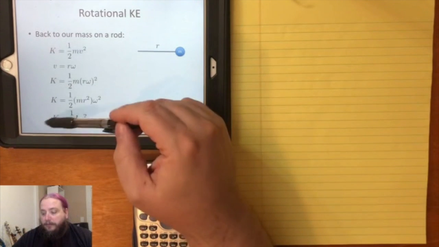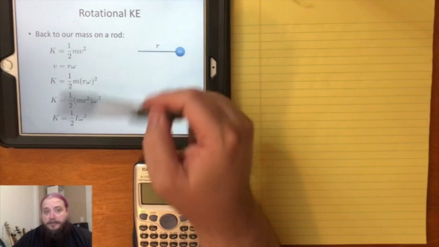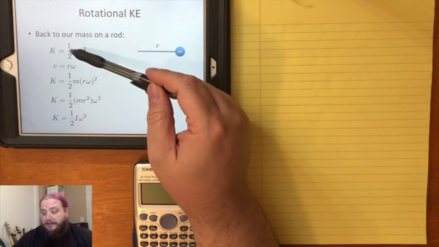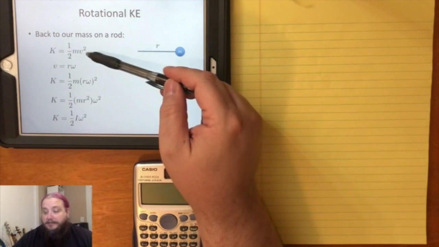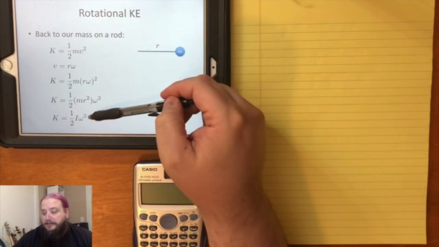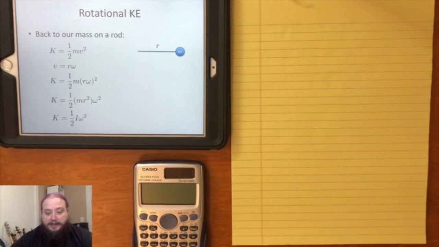And so we can recover a form for kinetic energy that looks very similar to linear kinetic energy. It is an inertia times a speed squared. In this case, the inertia is rotational inertia, and the speed squared is angular velocity squared.